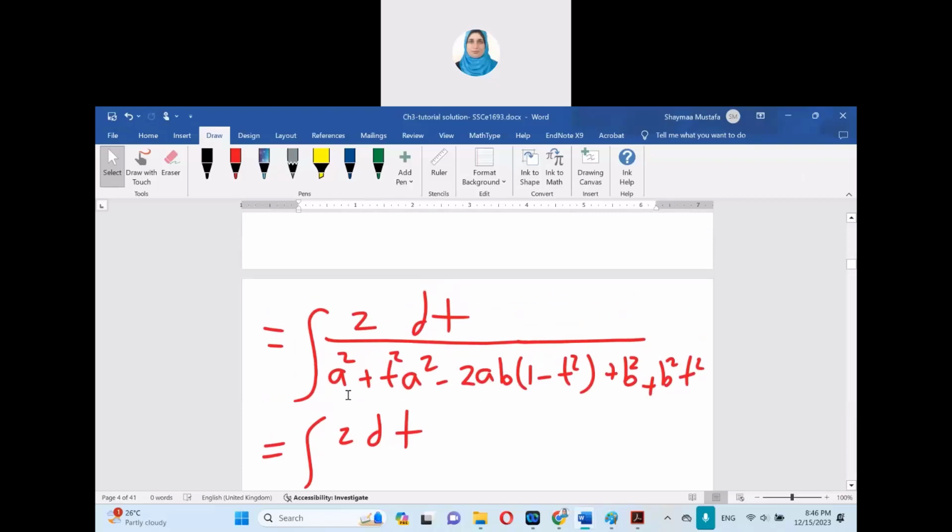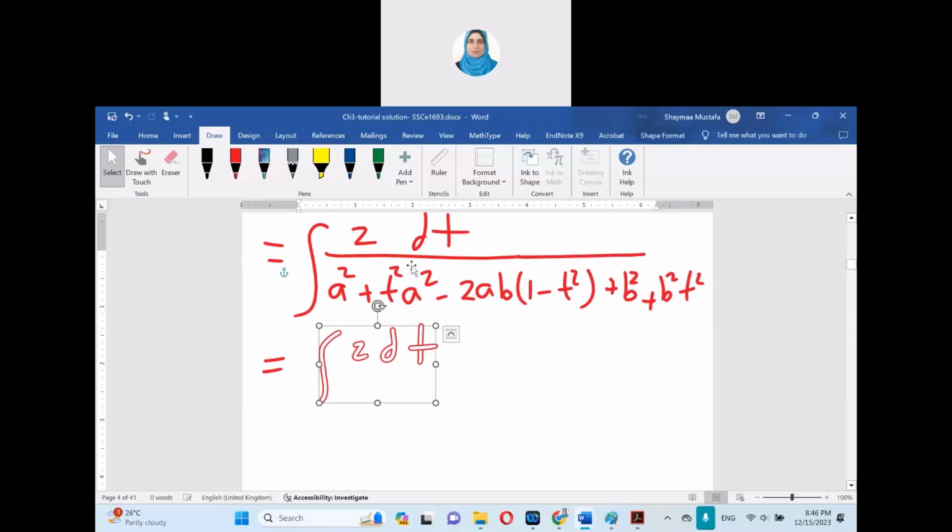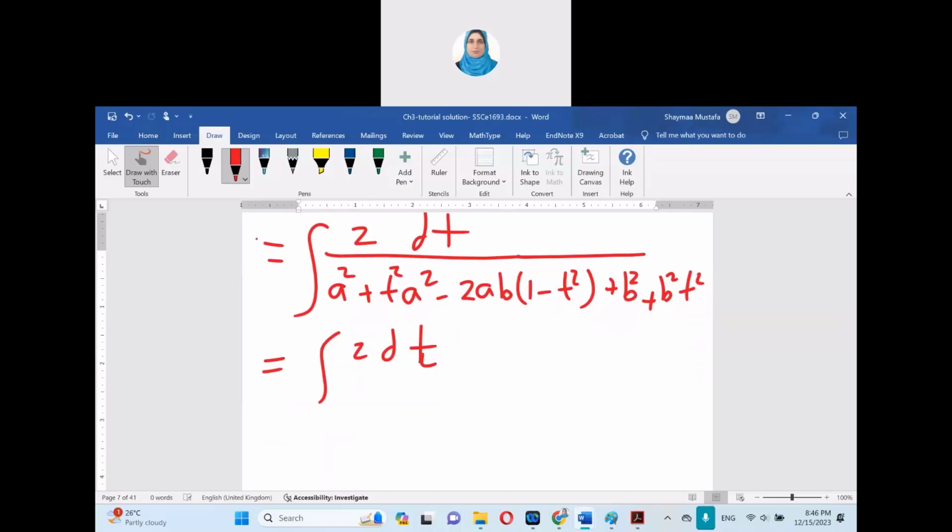Now here, a square minus 2ab plus b square can be written as a minus b square. A minus b square gives you a square minus 2ab plus b square.